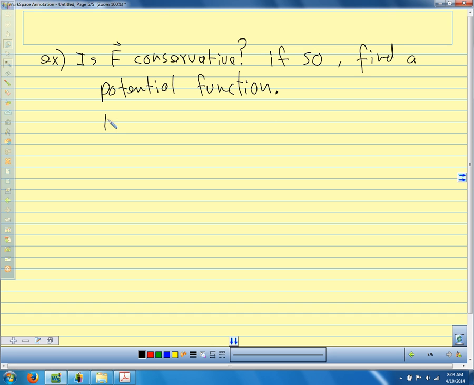So here's our vector field in the plane. F of x, y is 3x squared y squared i hat plus 2x to the third y j hat. So for this vector field, we're saying that M is 3x squared y squared, and N is 2x to the third y.